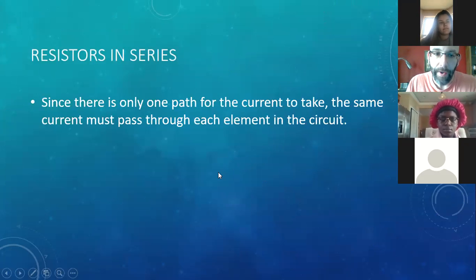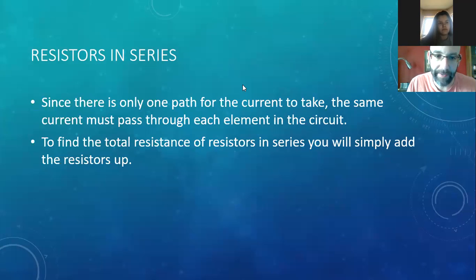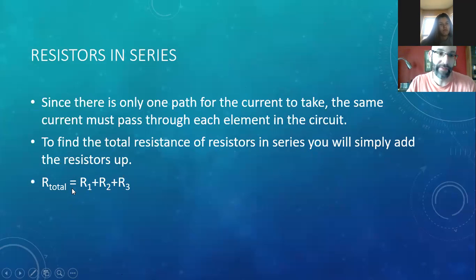All right. Since there's only one pathway to take, the current has to be the same. To find the total resistance of all of the resistors, you just add them together. So the formula is R total equals R1 plus R2 plus R3, and so on and so forth.